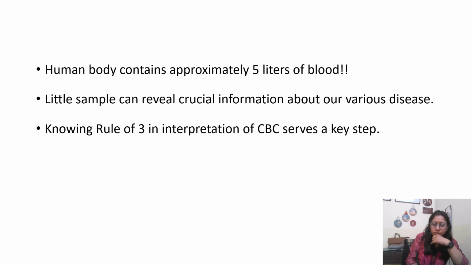So what I will do is, I'll just show you one thing. So isme jo you have your three parameters. You have your RBC. If you multiply RBC by 3, you will get what? Hemoglobin. Hemoglobin में अगर आप 3 multiply करते हो तो amounts to your hematocrit.